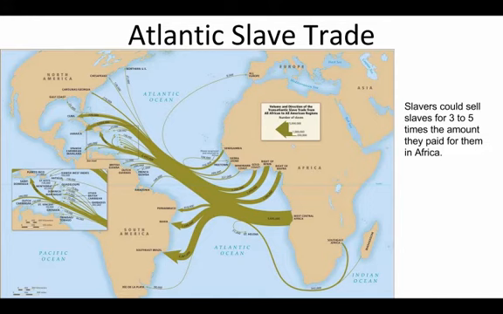So the Atlantic slave trade picks up after Bacon's Rebellion, and I'm sure we've seen this map many, many times. We can see where most of the Africans that were enslaved were taken, to the Caribbean and Brazil. It's important to note that during this time, more Africans come to the New World than Europeans do.